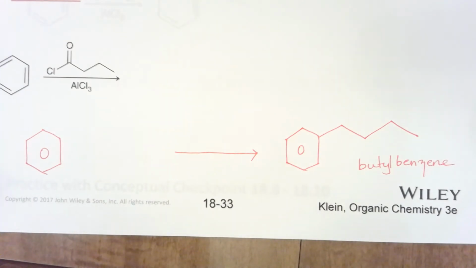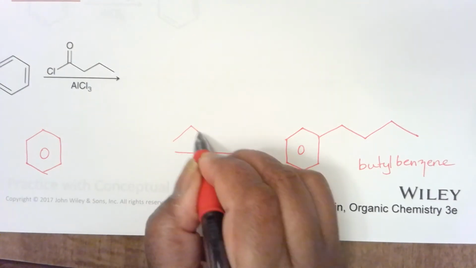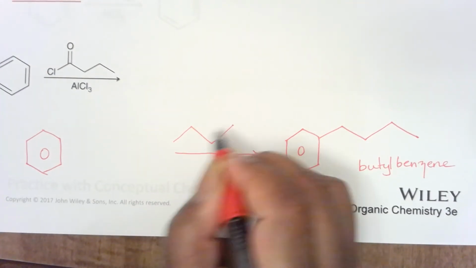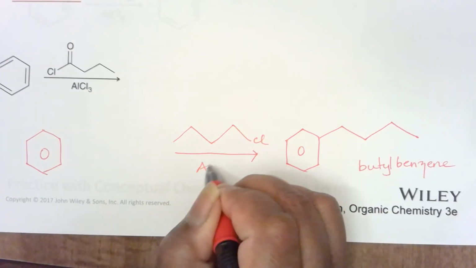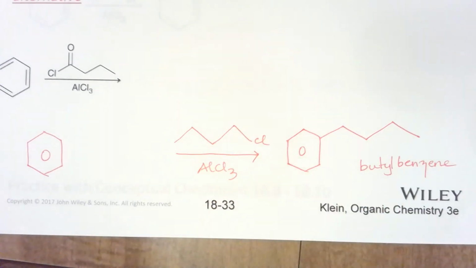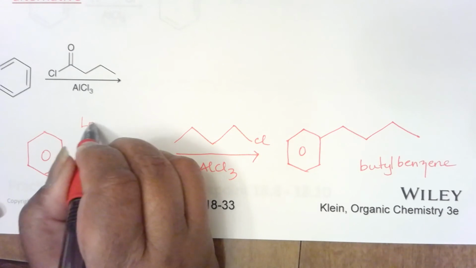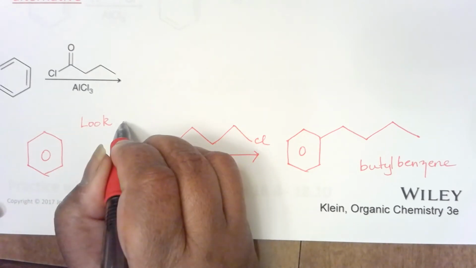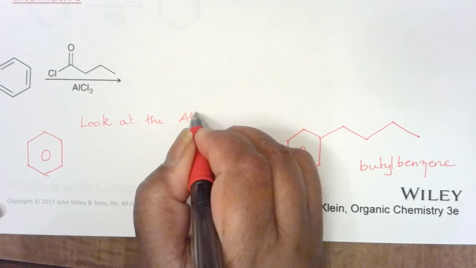We obtained butyl benzene as the minor product when we tried using chlorobutane in the presence of aluminum chloride. Look at the alkylation section.